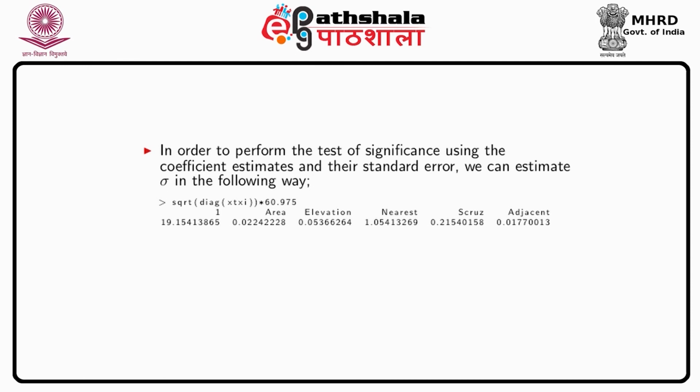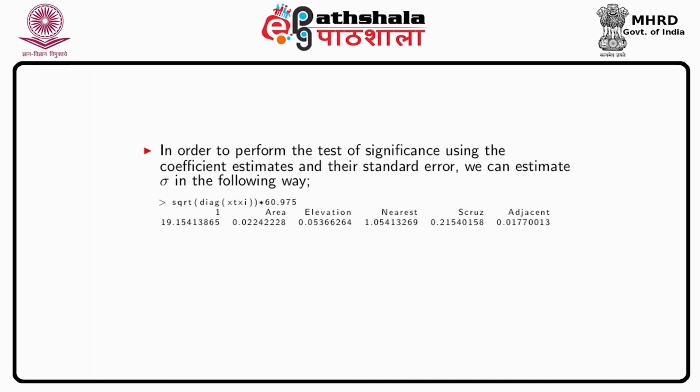We can take the square root of the diagonals of x prime x whole inverse and multiply it by 60.975, which, if you remember, happened to be the residual square of error in case of the model fitted using the lm function. So after we use this, we get a set of standard errors for the intercept as well as the coefficients corresponding to each of the x variables that we had used.